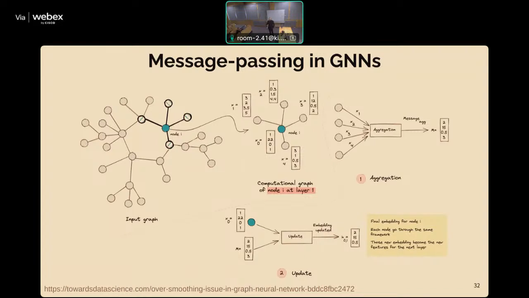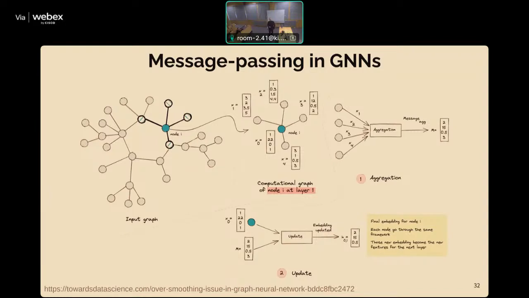So basically, each node talks to its neighbors and says, hey, I'm the node, this is what I know about myself. They send this message, we aggregate those messages, and then the node thinks, okay, so this is what my neighbors tell me. Now I will update my own knowledge using this aggregated message. So we take the existing node vector and this message, and we update it. Again, this can be a simple mean or something more complicated.